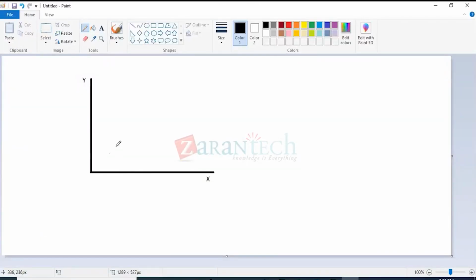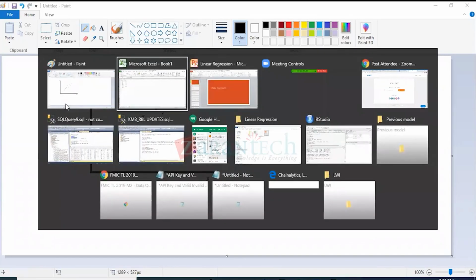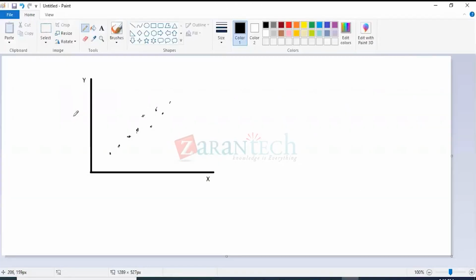I'm just plotting them randomly. We have plotted all our data points, whichever ones for which we know the height and weight, on a two-dimensional graph, x and y. And now let's try to establish a relationship between x and y.